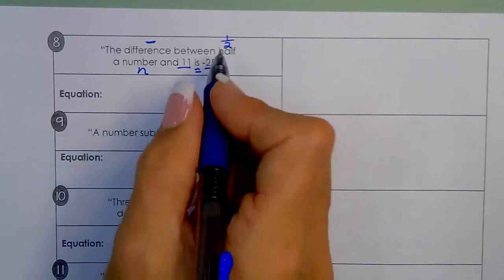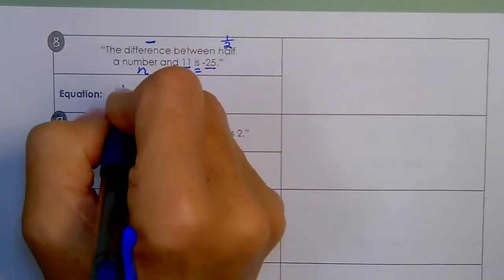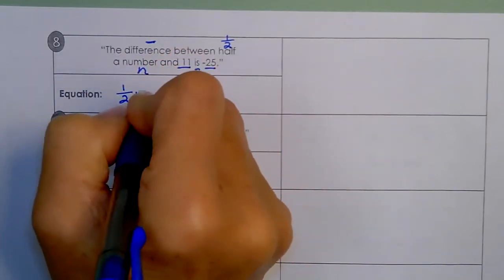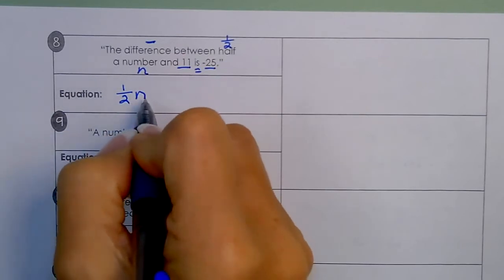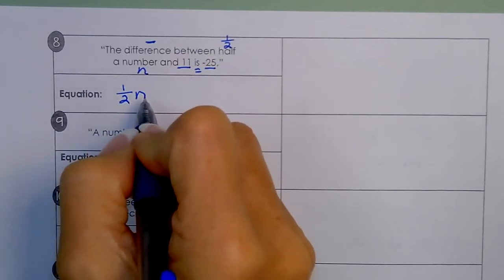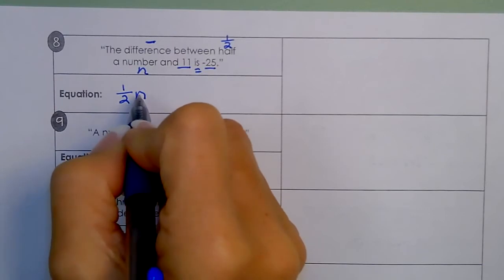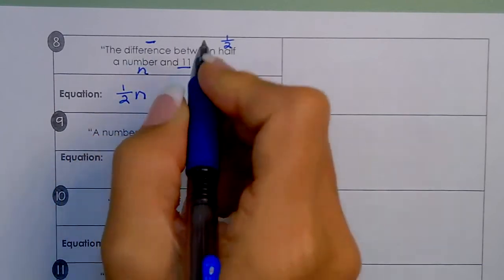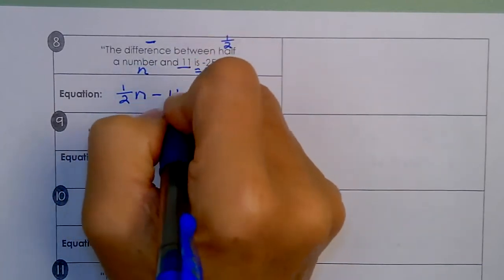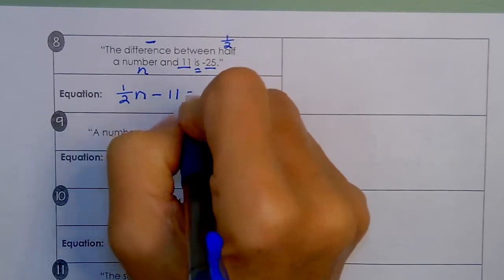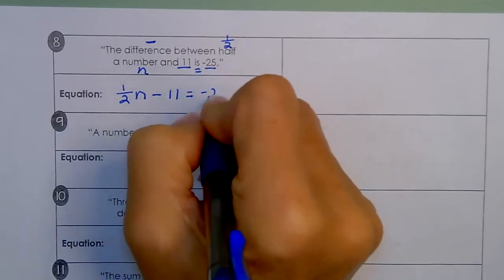Let's start with half a number. That would be written 1/2 n, half of a number. And it's the difference of this and 11. So I'm going to subtract 11, and then the rest is negative 25.